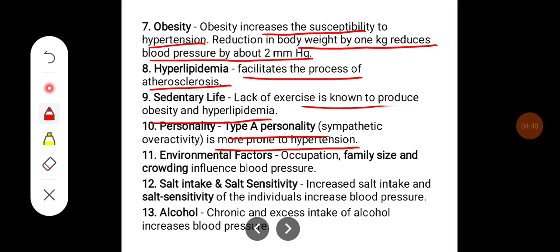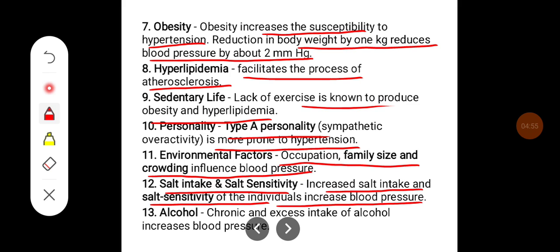Environmental factors like their occupation, family size, crowding are also going to influence the blood pressure. Salt intake and salt sensitivity: increased salt intake and salt sensitivity of the individuals increase the blood pressure. And chronic excess intake of alcohol is also going to increase the blood pressure.